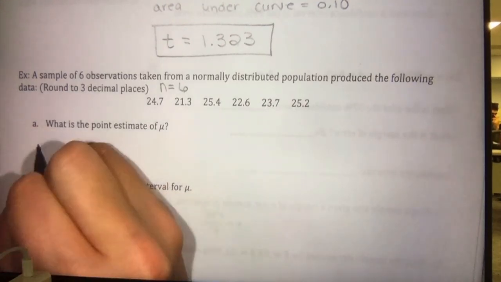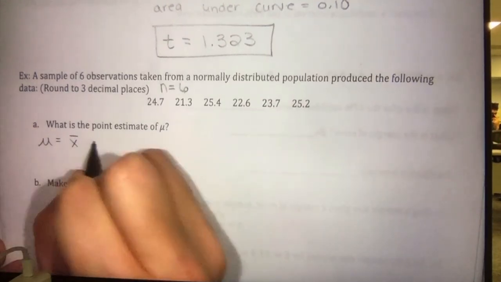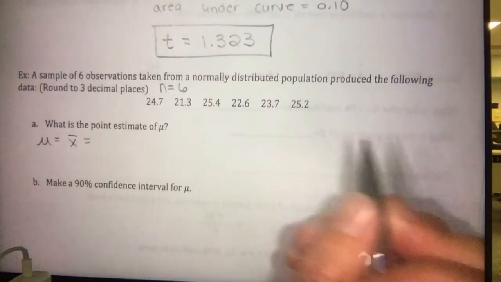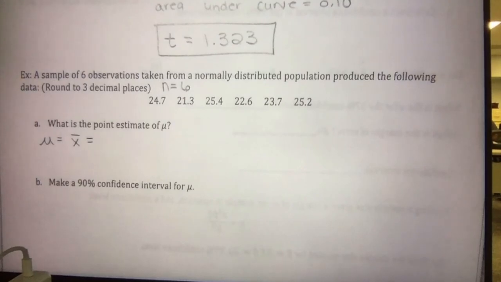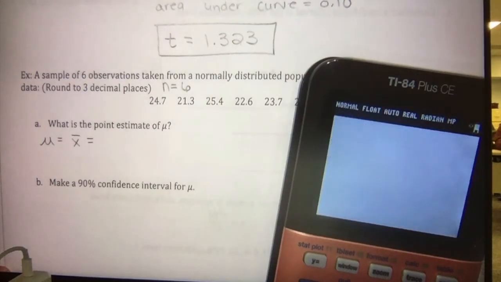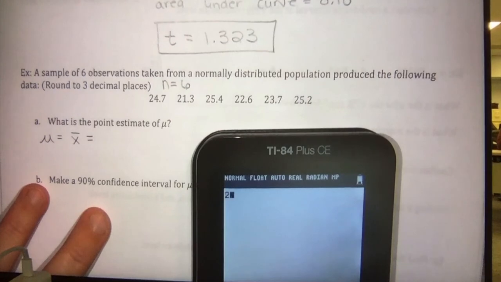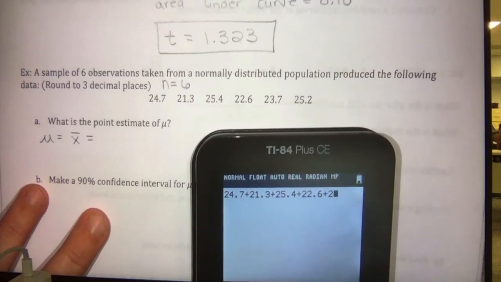So we know mu is the same thing as x bar, which is our mean. So that means we can add it all up and divide by the number of values. But we have a calculator. So let's use our calculator. Okay, let's do old school stuff, but you can see both ways. So let's do 24.7 plus 21.3 plus 25.4 plus 22.6 plus 23.7 plus 25.2.